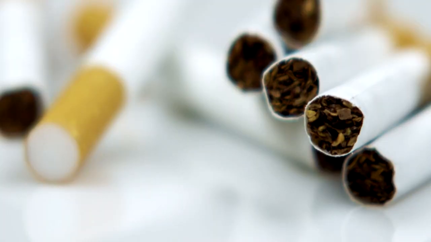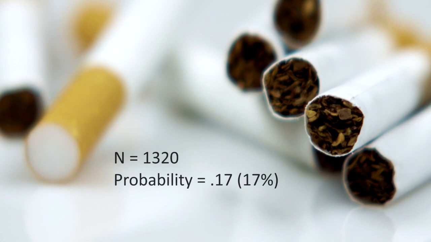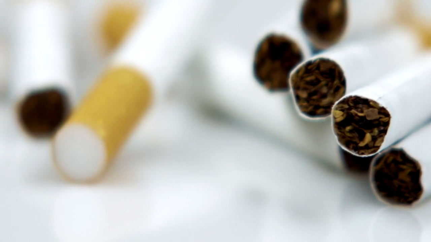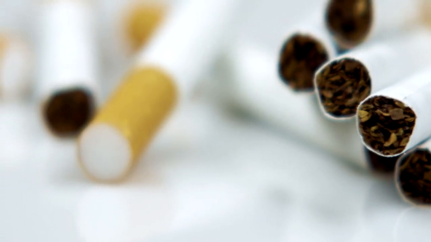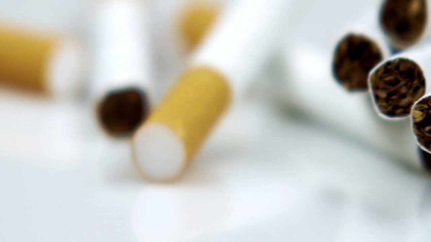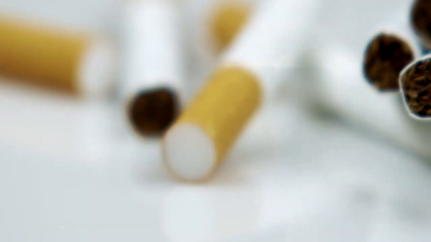The probability that we'll get a difference of this size in the mean number of cigarettes smoked in a random sample of 1,320 participants is roughly 0.17 or 17%. We'll talk about how this gets calculated for the different statistical tests later. The important point at this stage is that it's this kind of evidence that we will be considering every time we decide to accept or reject the null hypothesis.